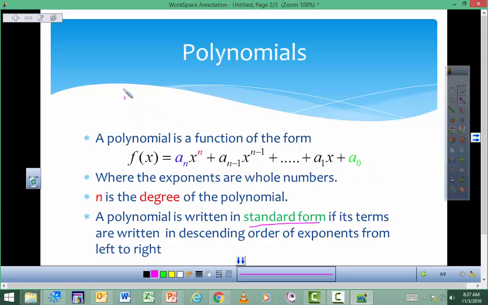So when it came to quadratics that we just had, we would write the x squared term first, and then we'd write the next highest exponent term, and then finally once we get all the x's done, we write the constant term, if there is one. So that's how we would write a quadratic.